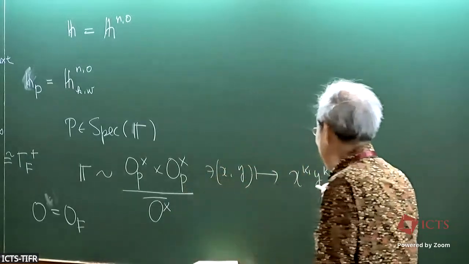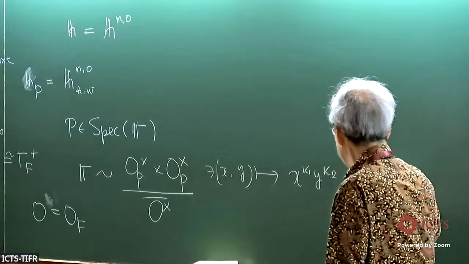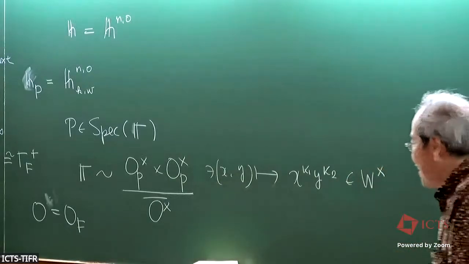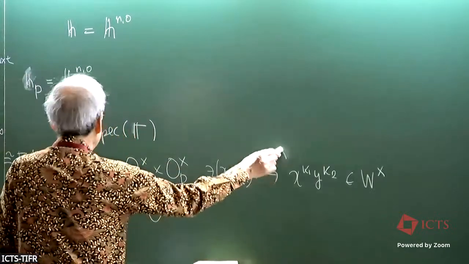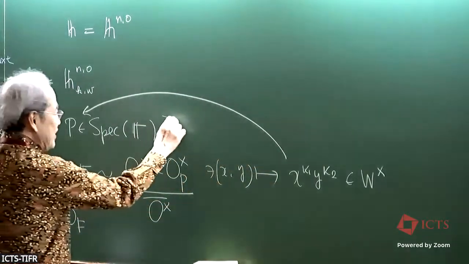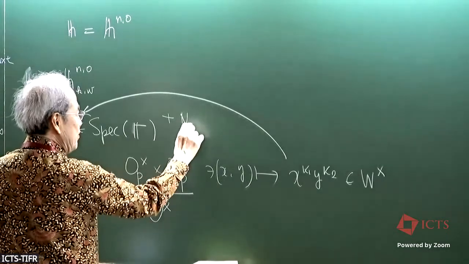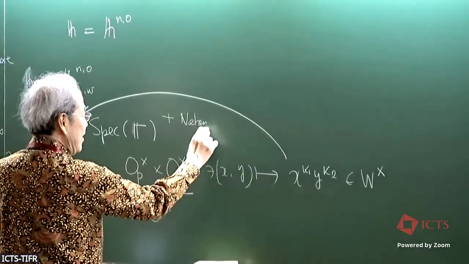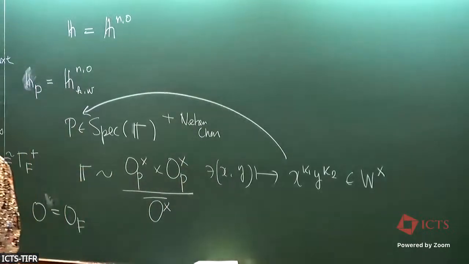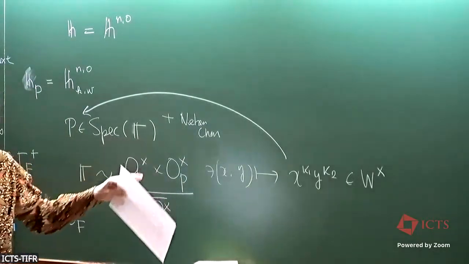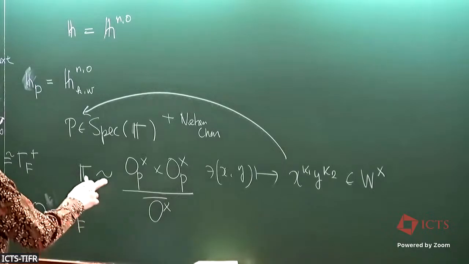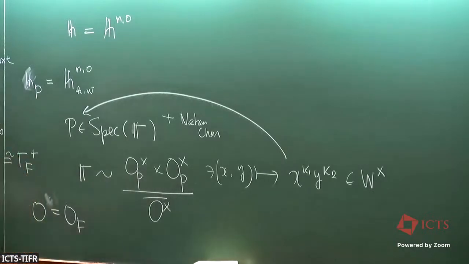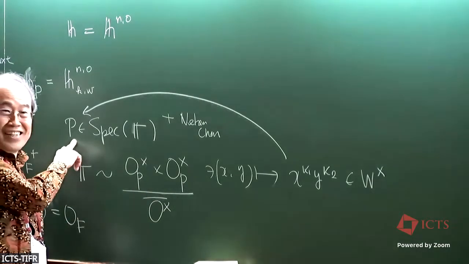So this is a character having values in W. And this gives rise to a prime ideal, this one, plus some information of the Neben character you need. That I sort of ignore, but of course there is. And this gives an algebra homomorphism from this lambda node to W, and this is its kernel.